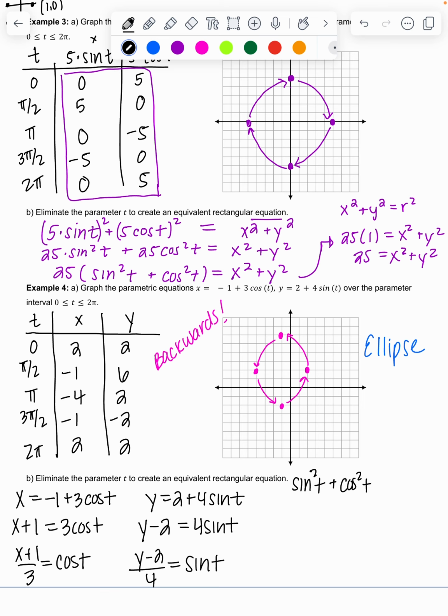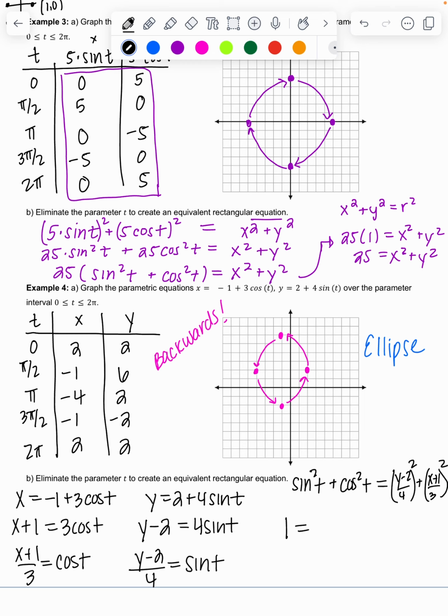So sine is y minus 2, all divided by 4, and I can square that. And then add that to cosine squared, which is x plus 1, all divided by 3, squared. And the left side, cosine squared plus sine squared, turns into 1.